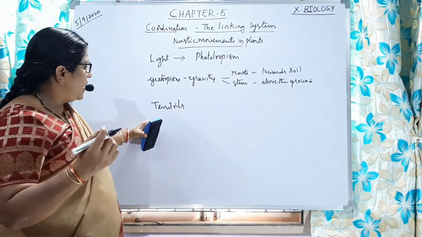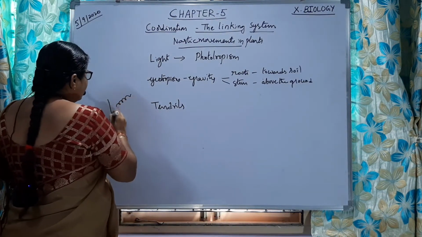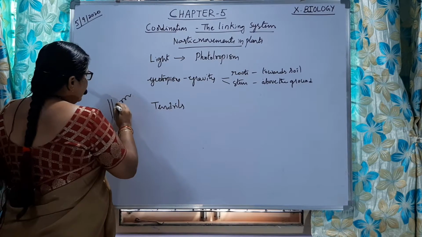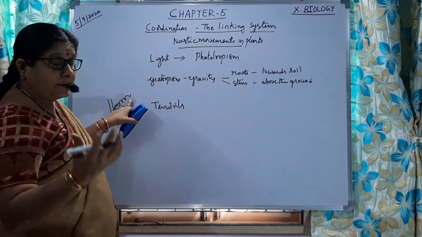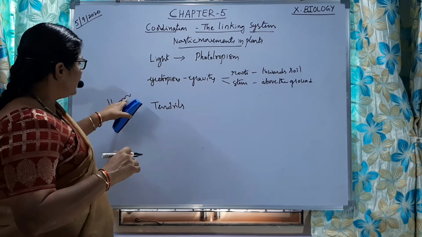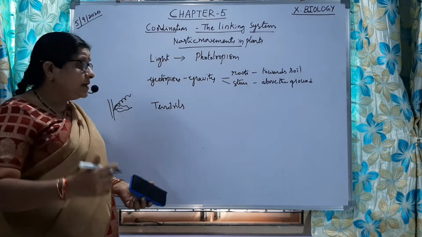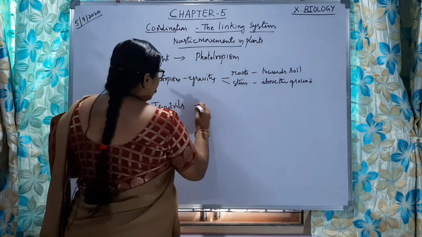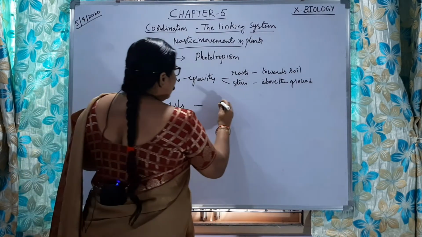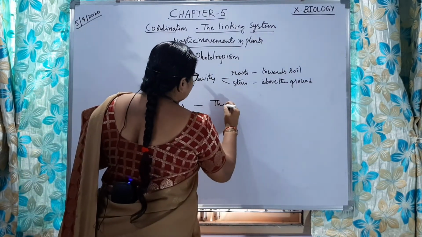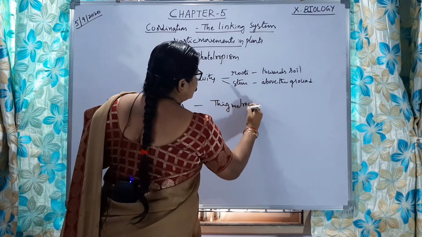The twining structures near the leaves give support to the plant by entwining on other plants. That type of response to the stimulus is called thigmotropism.